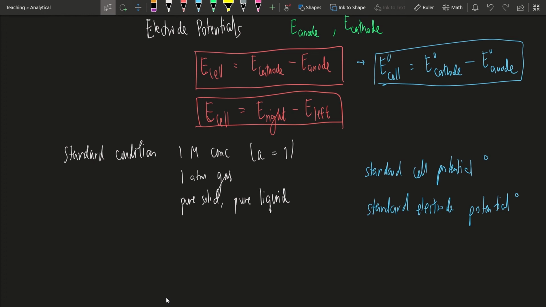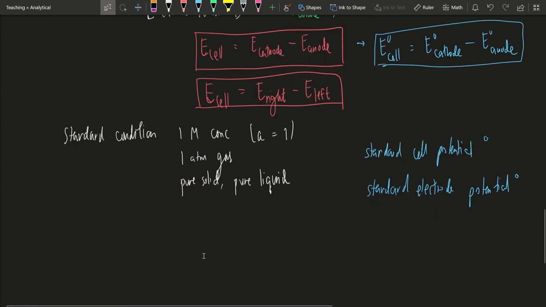In other words, the standard electrode potential tells you whether that half cell or that electrode wants to be reduced or oxidized, and to what extent. And the values of the standard electrode potentials are specified in a table. So you can just go to your chemistry textbook and find your table, right? And then you can calculate the cell and the electrode potential, of course.